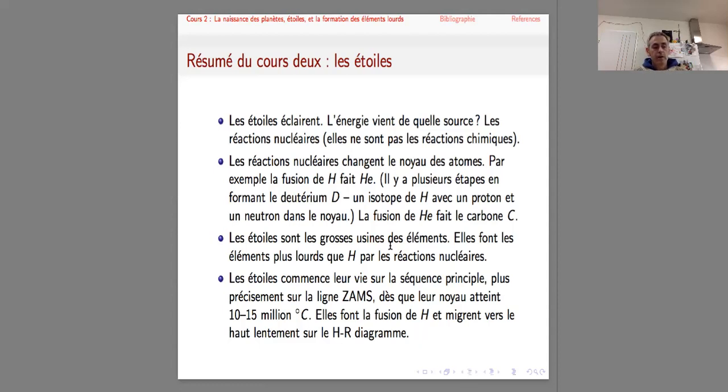So any heavy elements like iron that we have here on Earth, at some point that iron was inside a star, and the nuclei of that iron were pieced together by nuclear reactions inside these stars.